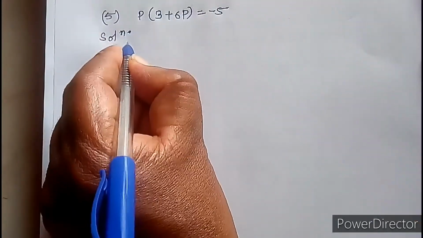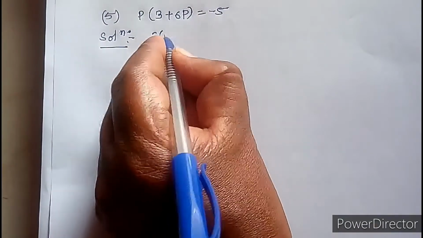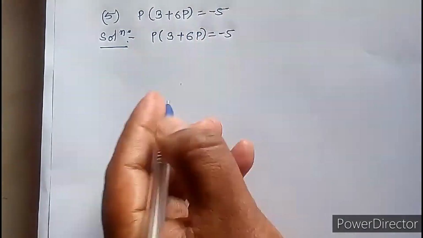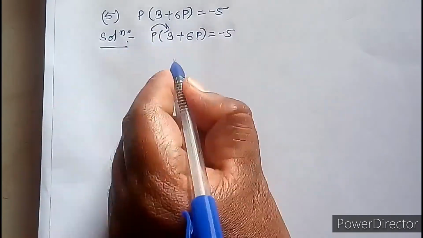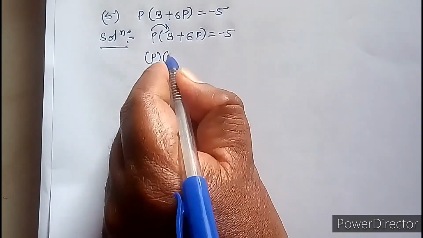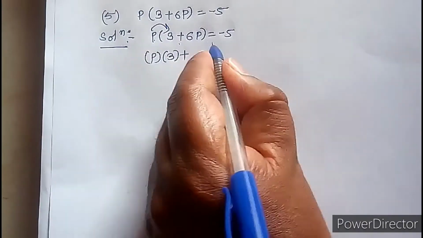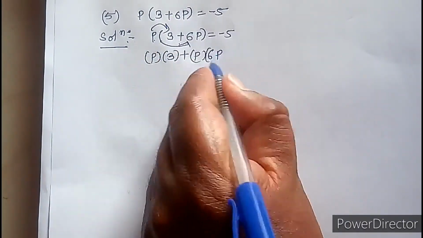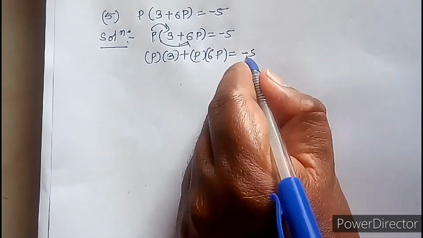In the solution part, write down the question as it is, that is p into 3 plus 6p equals minus of 5. On solving this, p will be multiplied with this 3, p into 3, plus this p will be multiplied with 6p, p into 6p. Now this will be equal to minus of 5.